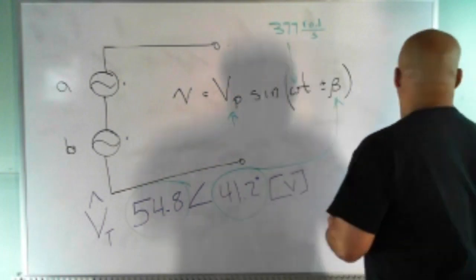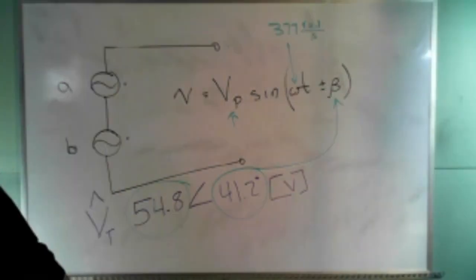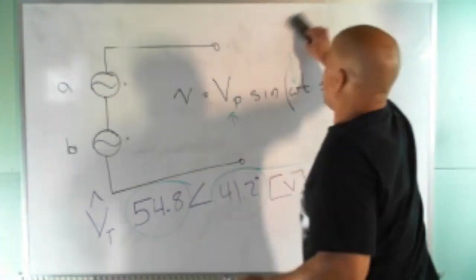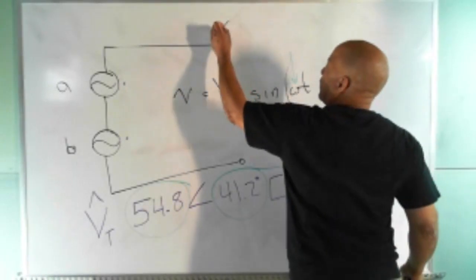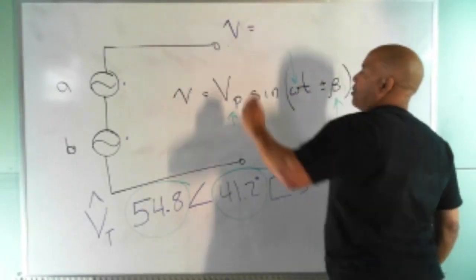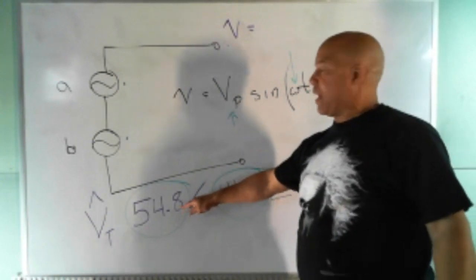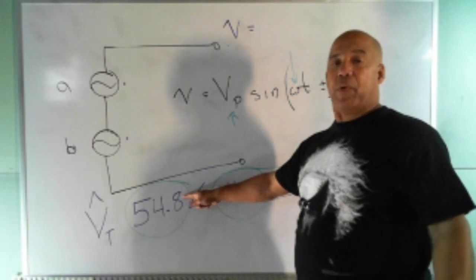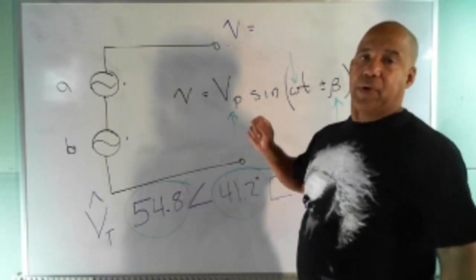So let's see if we can write this back in time domain. I'm going to say my script V is equal to, well, to get it to RMS, you multiply by 0.707. So to get it to peak, you take this and divide by 0.707. So what's 54.8 divided by 0.707?